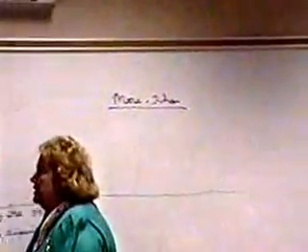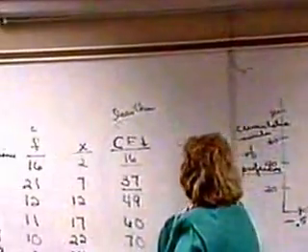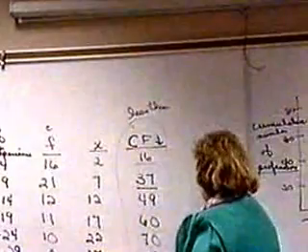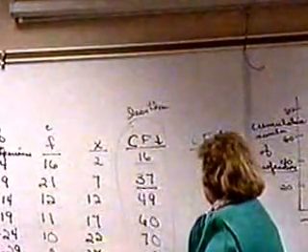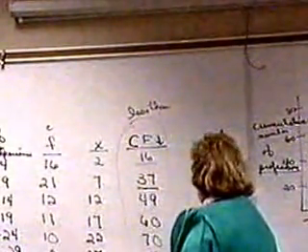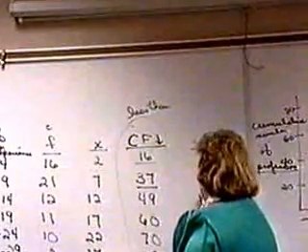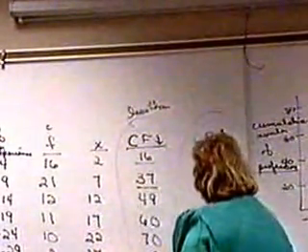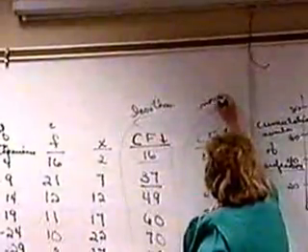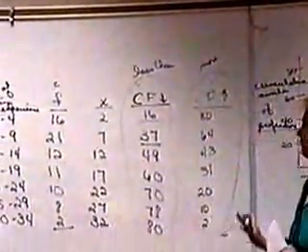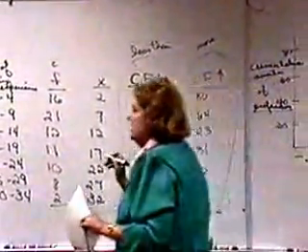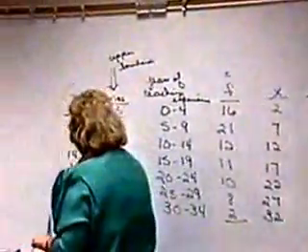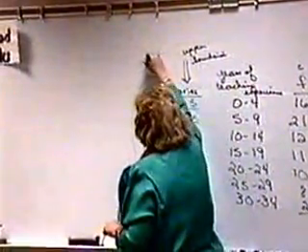The lower boundaries. The more than uses the cumulative when we add it up, but this time the more than uses lower boundaries.